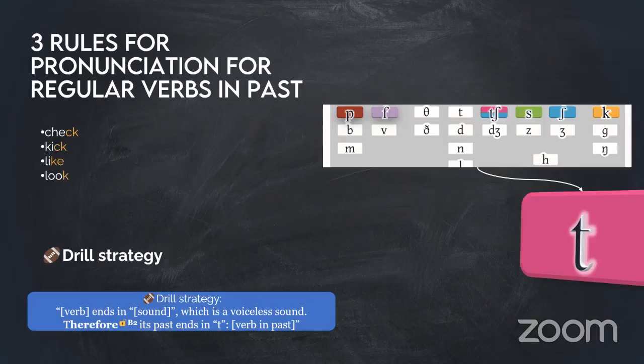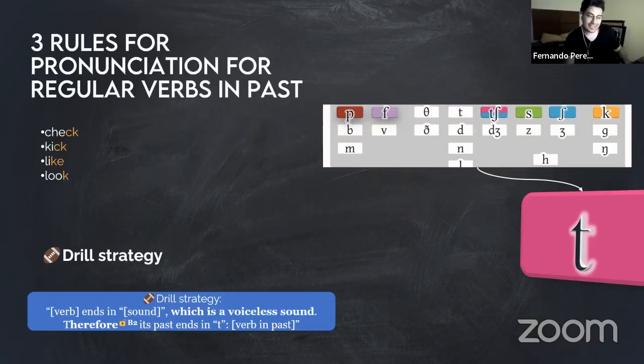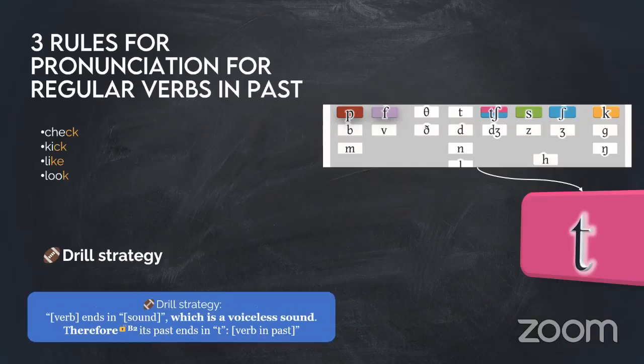Check ends in K, which is a voiceless sound. Which is, don't forget the verb be. I'm sorry. Therefore, its past ends in, and again, it's not it. Slow down. You're going too fast. Again. Therefore, its past ends in T.